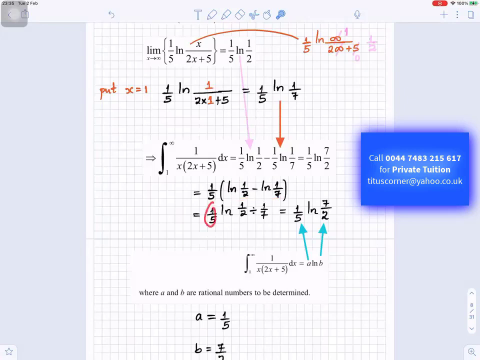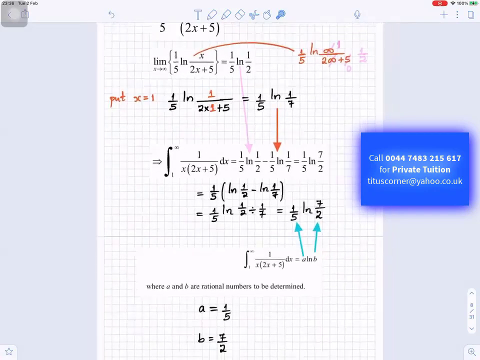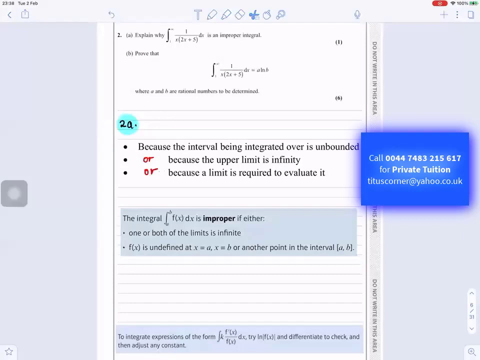So it's 1 over 5 ln half divided by 1 over 7. Half divided by 1 over 7 is the same as 7 over 2. So 1 over 5 ln 7 over 2. So A is 1 over 5 and B is 7 over 2. So that's the answer for question 2A.